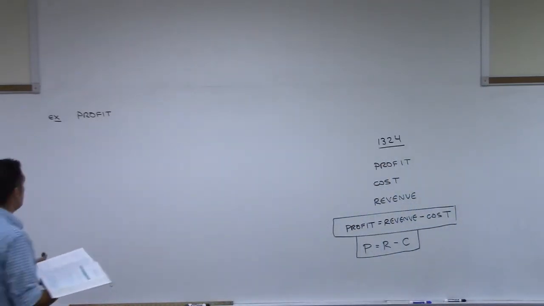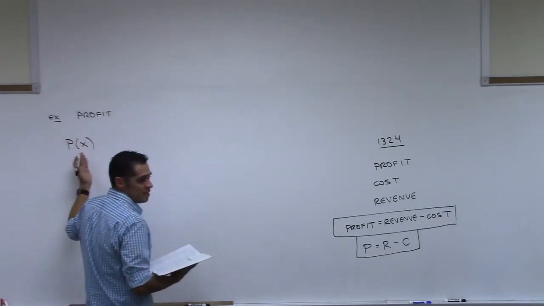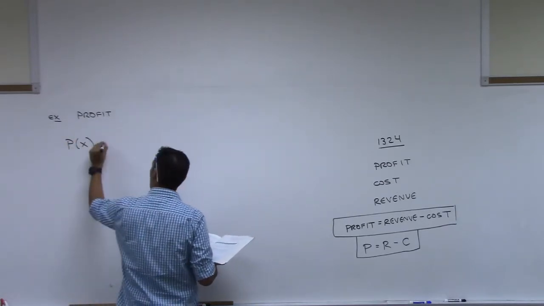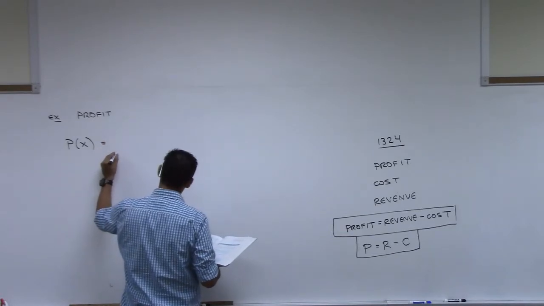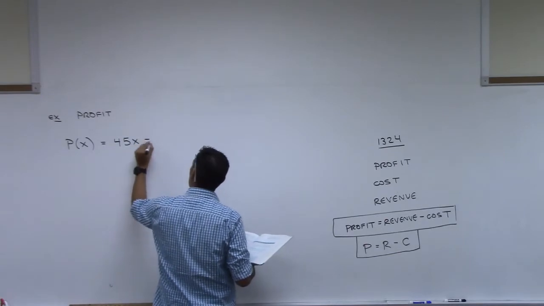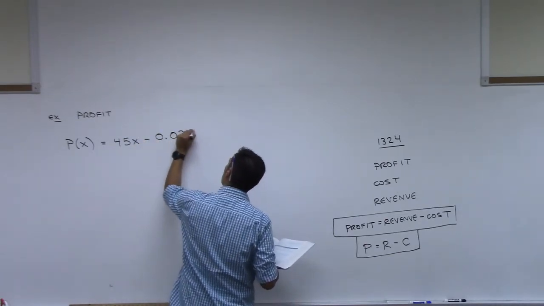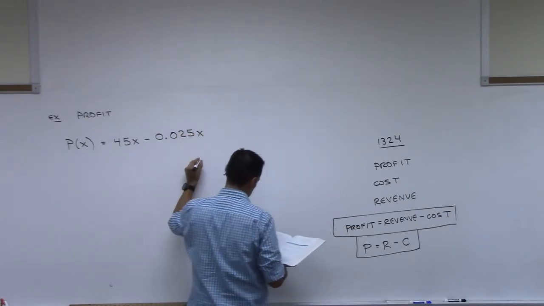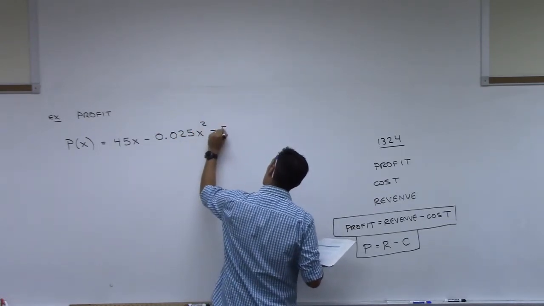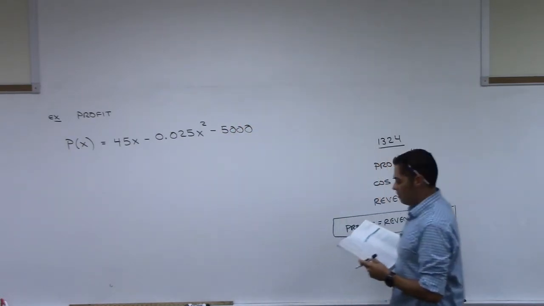All right, so here's a profit function. We're going to call it P of x. So we're using capital P instead of f, right? This profit function is the function 45x minus, now we're going to start using some decimals, so you all are going to freak out because I'm using decimals instead of nice numbers. All right. Make sure I wrote that down.